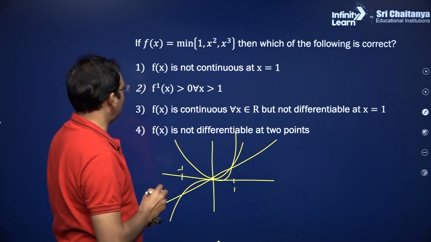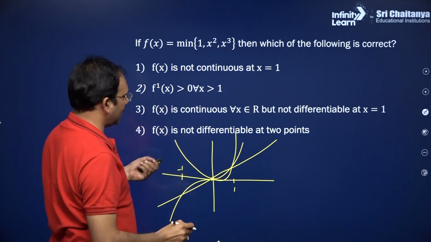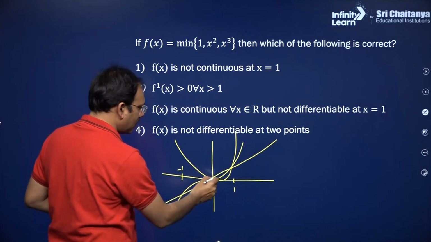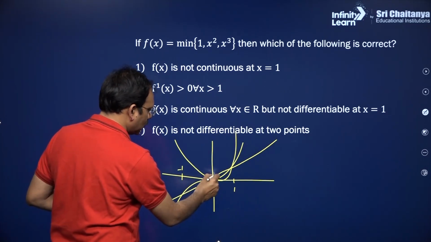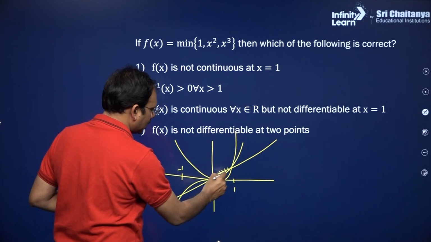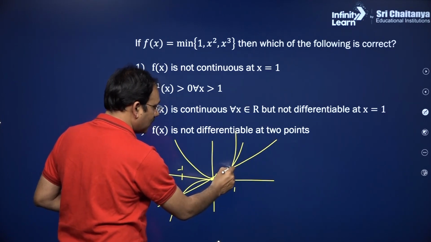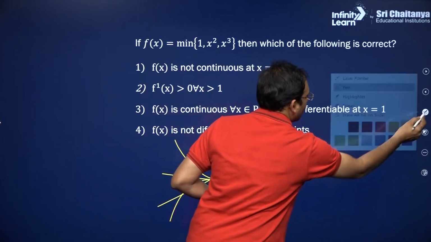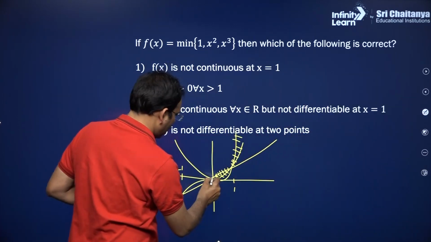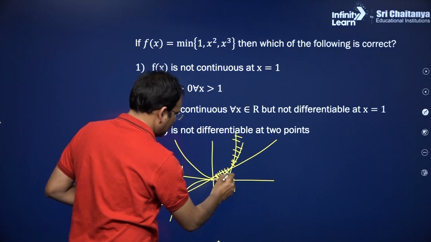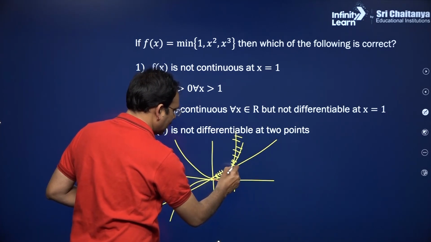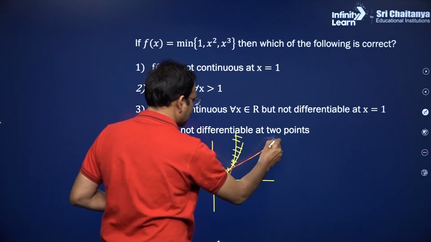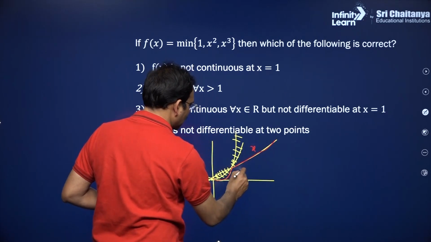Minimum of these three he is asking at 1 especially. So, minimum means x cube is minimum, you have to take out this part and after this minimum is x, my dear friends, you have to take out this part. Finally, you are going to get minimum of these means this part, that is x cube here and then y is equal to x, this is x cube.